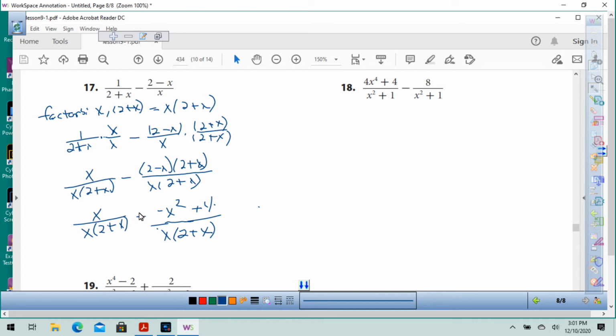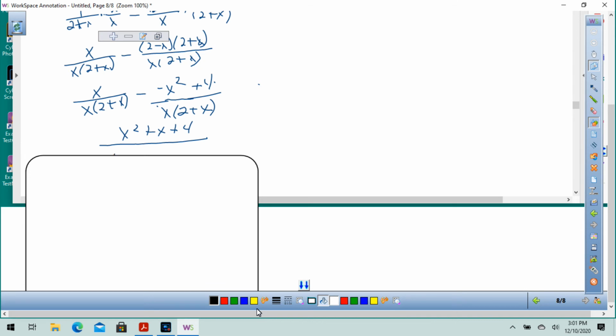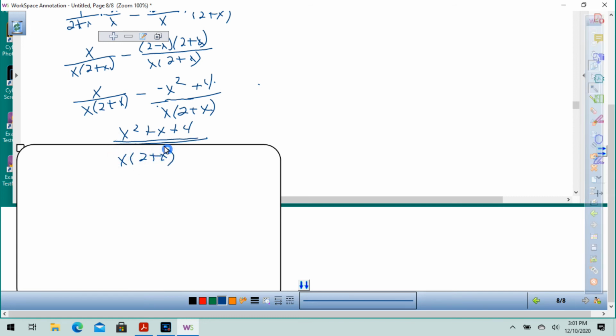So 0 minus negative x squared is going to be x squared, and then x minus 0 is going to be plus x, and then plus 4, and all of that is going to be over x times 2 plus x.